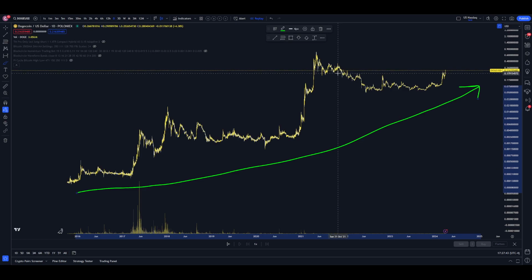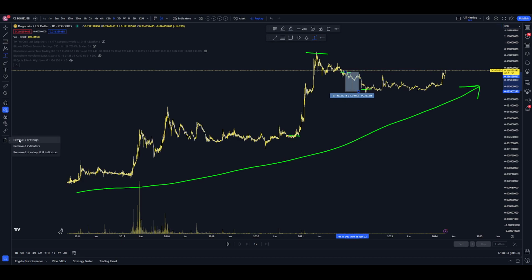You think more people made money shorting Doge from 20 cents down to 5 cents, or you think more people made money buying from 0.002 to 60 cents, right? Here, you can capture 60, 70% gains. That's good, especially in a bear market.